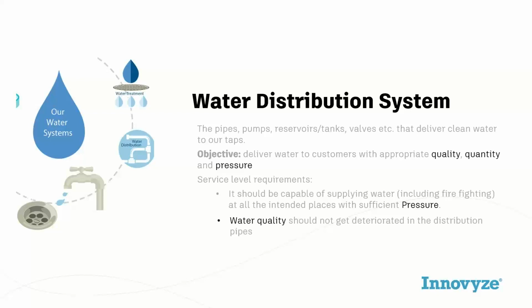And the key goals that you're going after in drinking water distribution are primarily maintaining pressure and maintaining water quality. If you can get these two to the standard that your regulators require, then you've pretty much accomplished your goal.